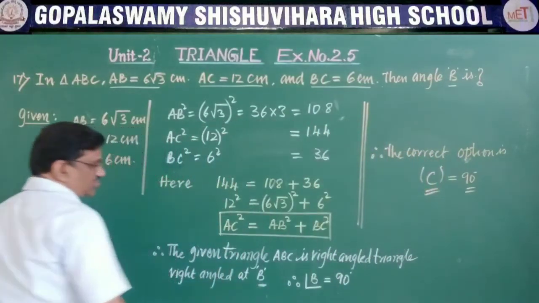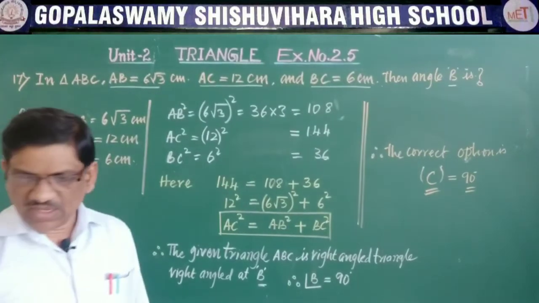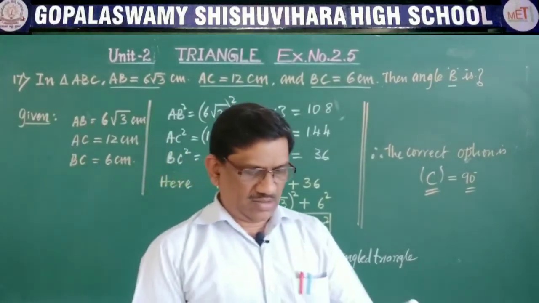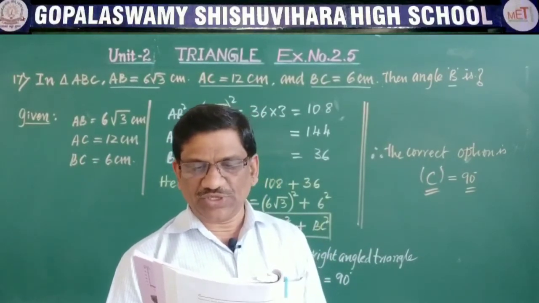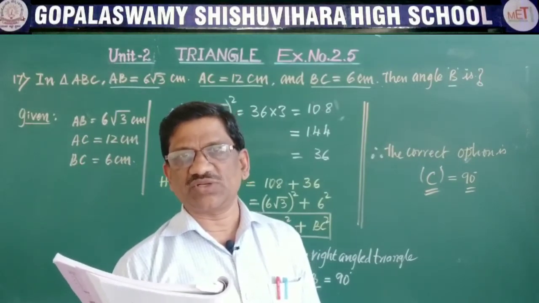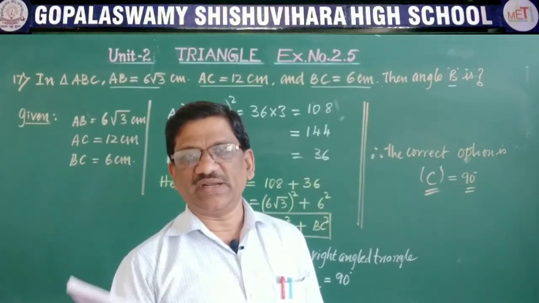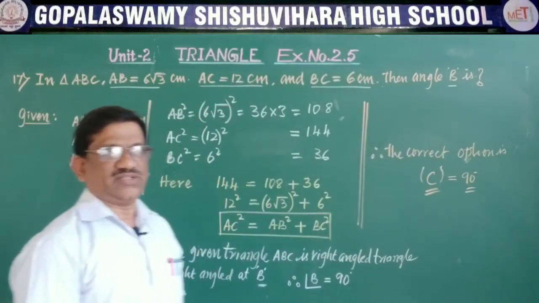So there are 4 options given there. The first option A is 120 degree. Second option B is 60 degree. Third option C is 90 degree. And the fourth option D is 45 degree.